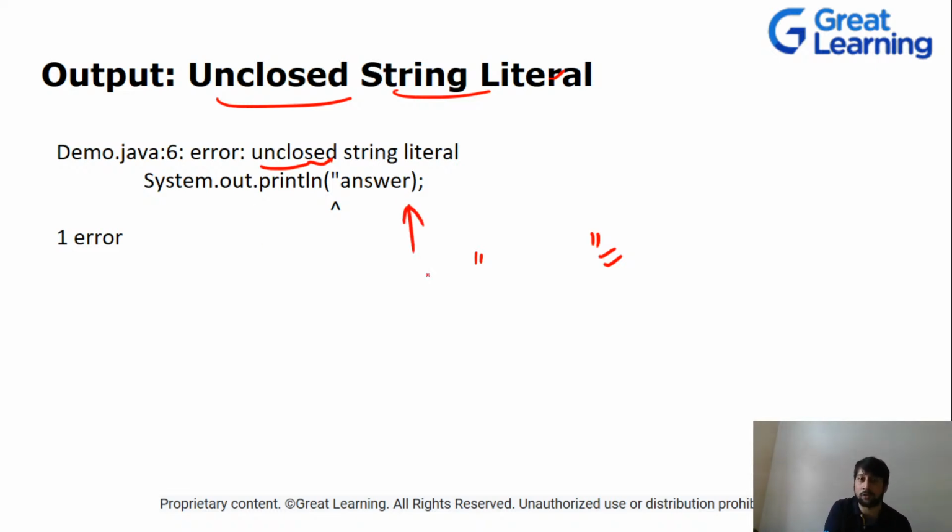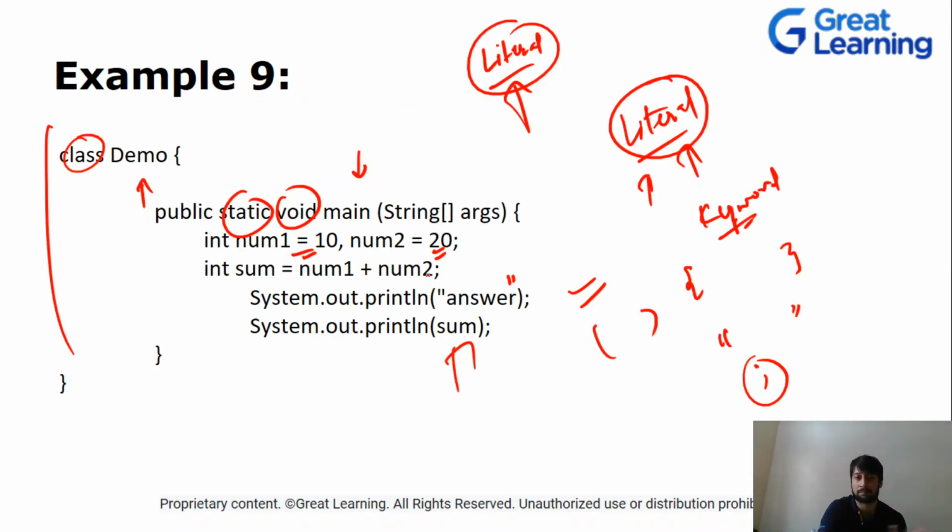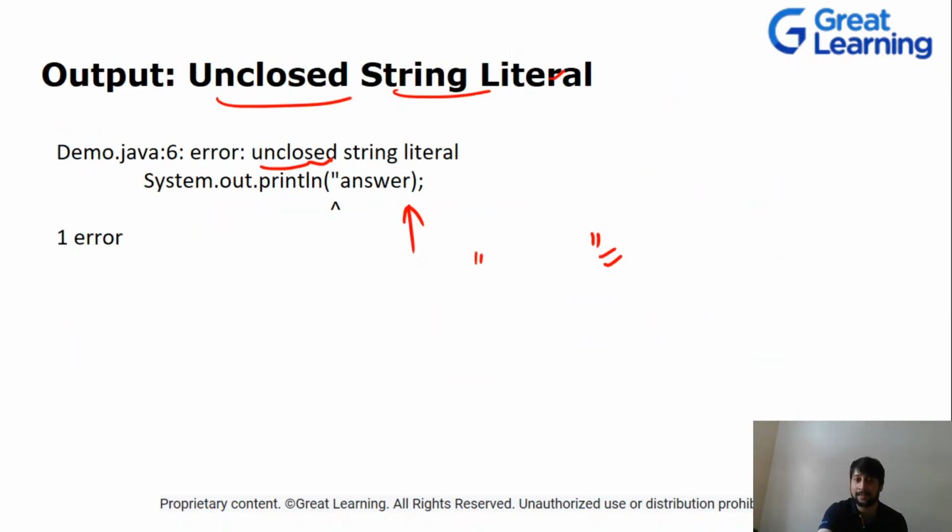A simple way to rectify it is to put a double quote over here and it will be sorted. Okay, is this type of error clear? That means you have opened your string but you are not closing it.